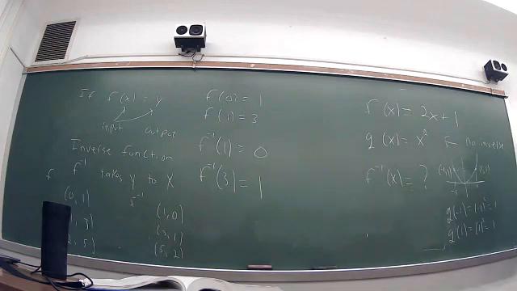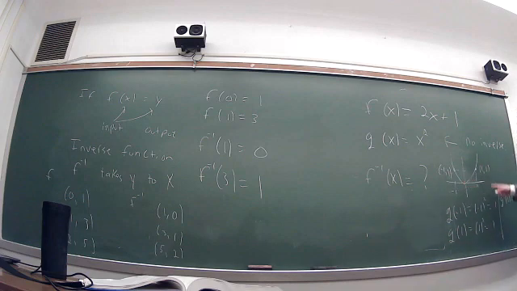So if there were an inverse, then the number 1 would have to get sent to 1, right? Because g of 1 equals 1, so g inverse of 1 would be equal to 1. But it's also true that negative 1 gets sent to 1. So it would also have to be true that g inverse of 1 is equal to negative 1.